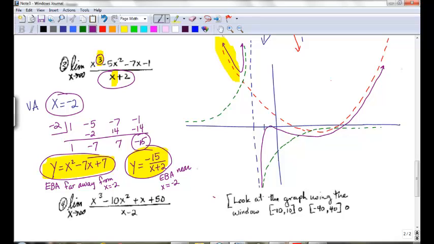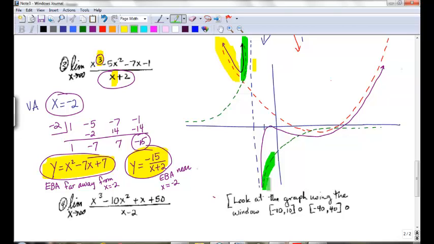Near x equals -2, look what it's approaching. This graph is approaching the hyperbola near x equals -2. Does that make sense? Starting to?